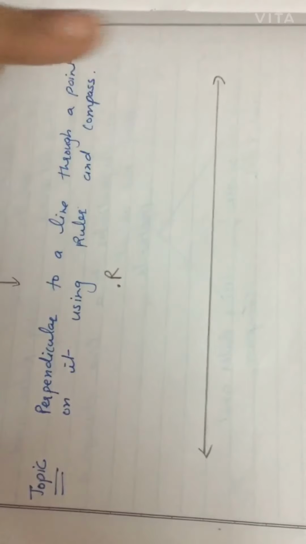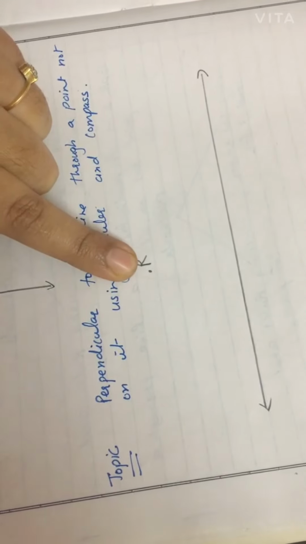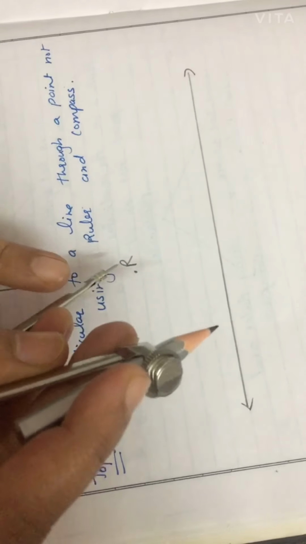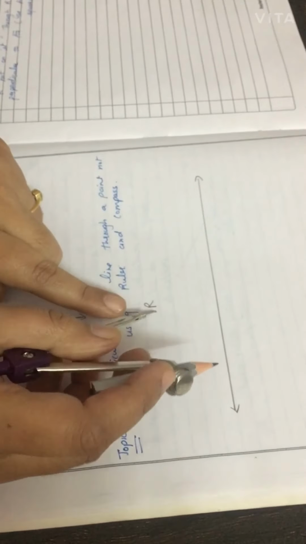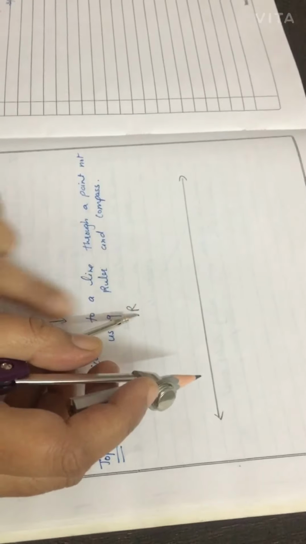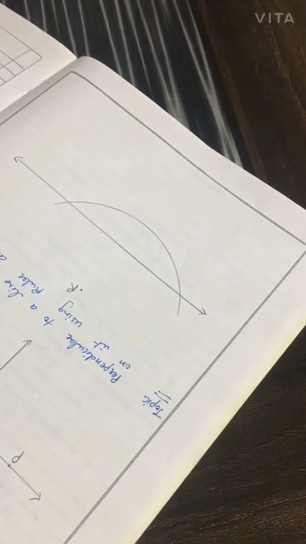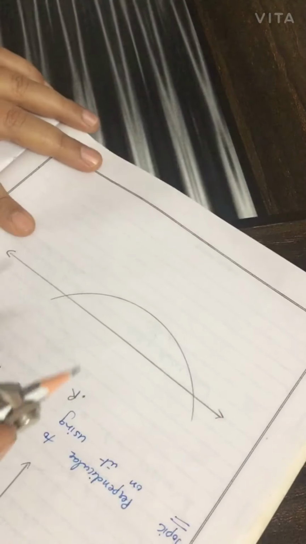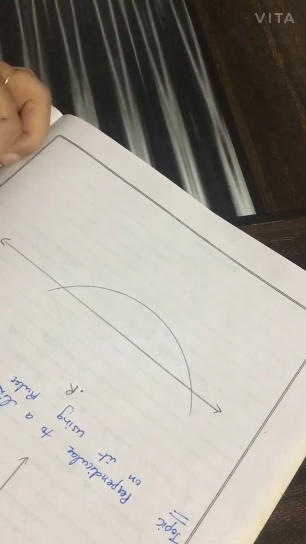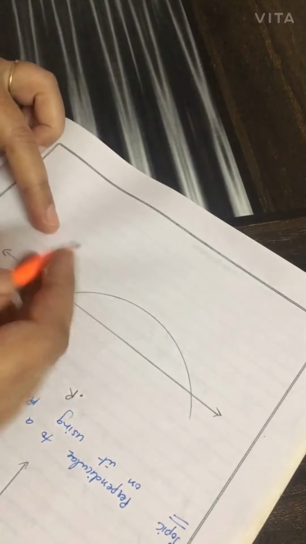Now take your compass. Using the ruler we have drawn this line and we have taken a point R outside of this. Now keep the pointer of the compass on R, and open it as much as you want. Like this you will draw an arc. Now this arc meets the line at these two points.